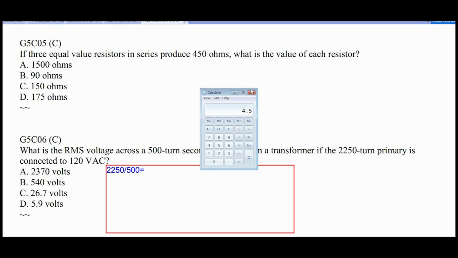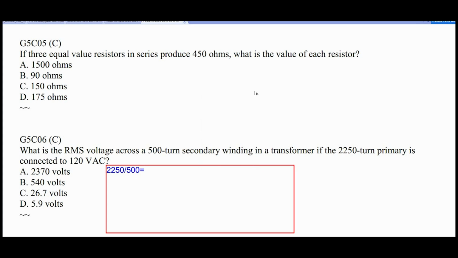Let's get that out of the way. So the answer is 4.5 turns. No, the keyboard doesn't want to work. So we got 4.5 turns.